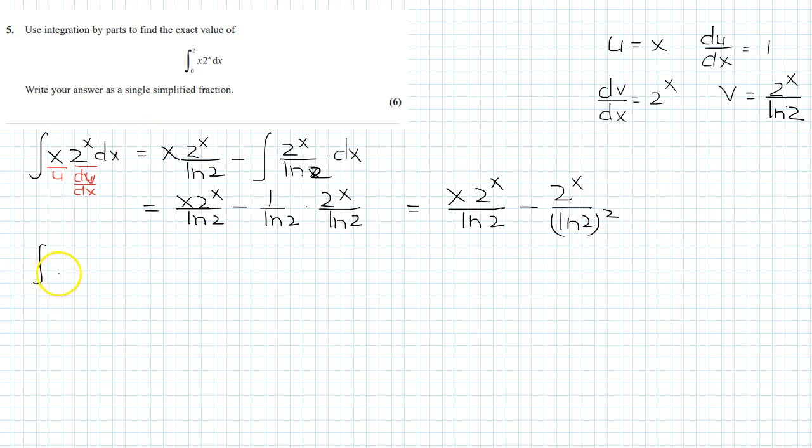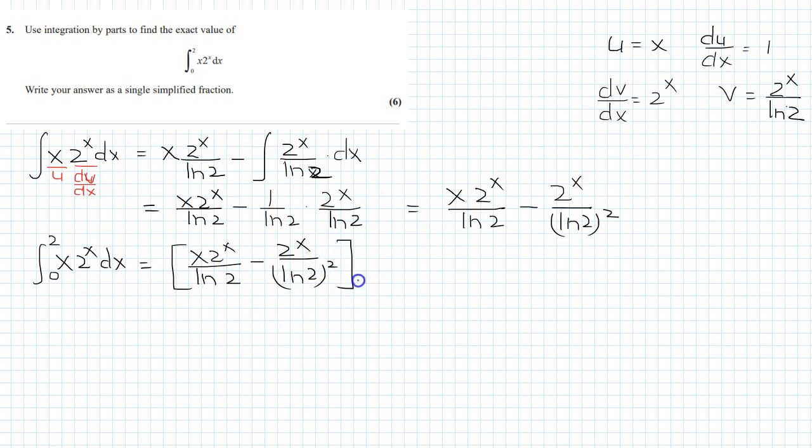Now we have these limits, that is 0 to 2 of x 2 to the power x dx is equal to x 2 to the power x over ln 2 minus 2 to the power x over ln 2 square, that is 0 to 2.